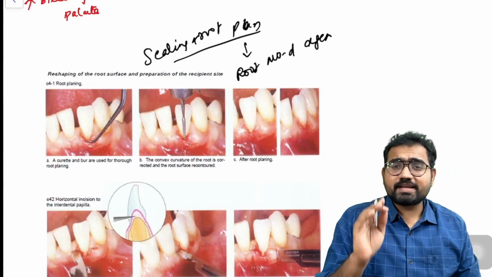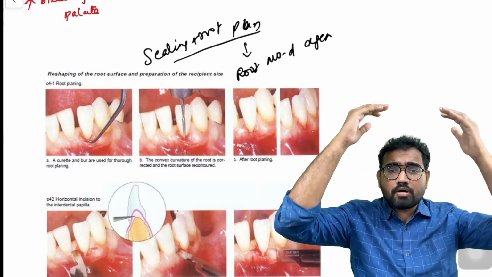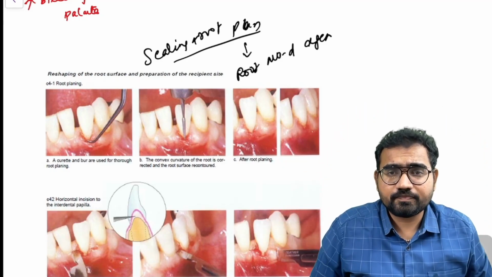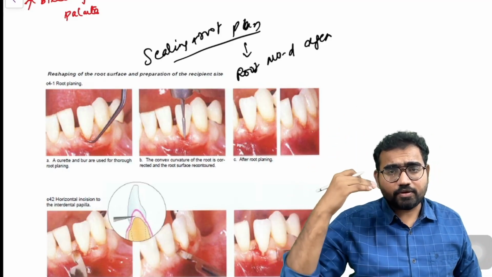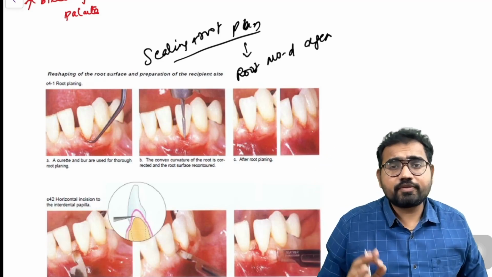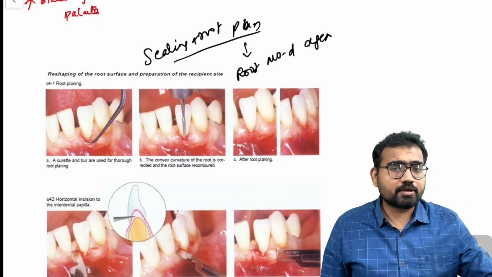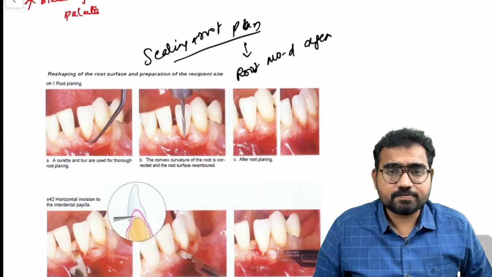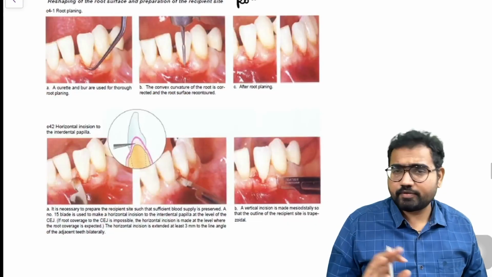This procedure, SRP and root biomodification agents, is applied for all the procedures we have seen, from the pedicle graft, rotational and advanced flaps, to the free gingival graft and connective tissue graft. All the procedures require this step, to make sure we are removing the smear layer and the root surface is clean and smooth. So SRP is done, root biomodifications are given.